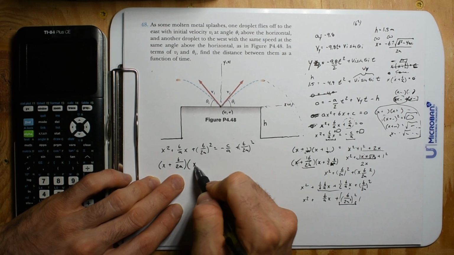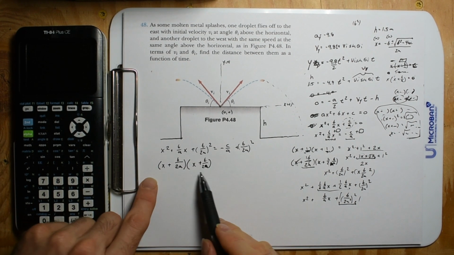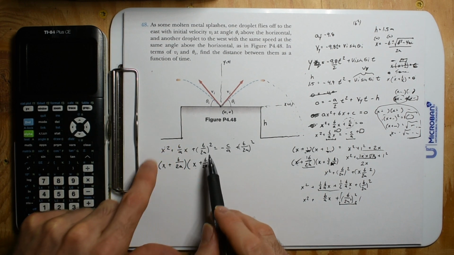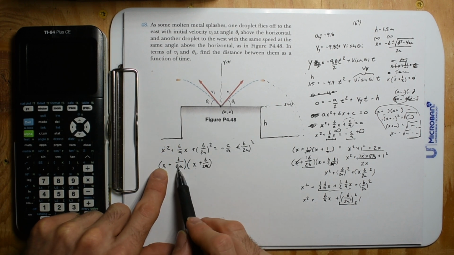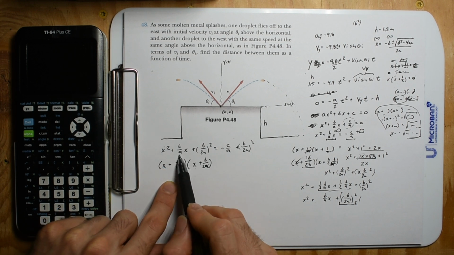Cool. x plus b divided by 2a. Because now we have the x squared, we have that term squared, and then we have two of these, x times b over 2a, so that's going to be b/a x.